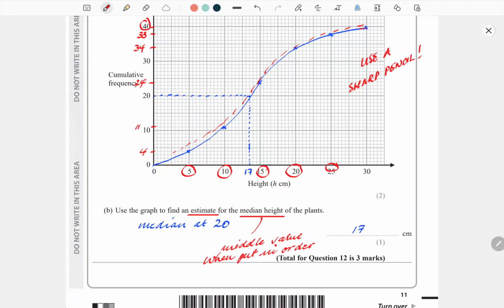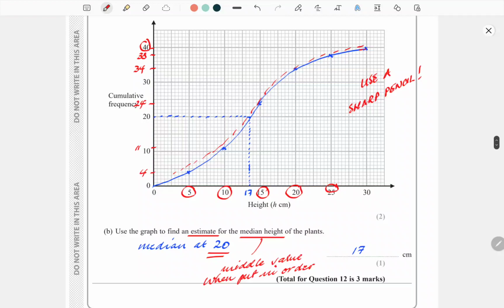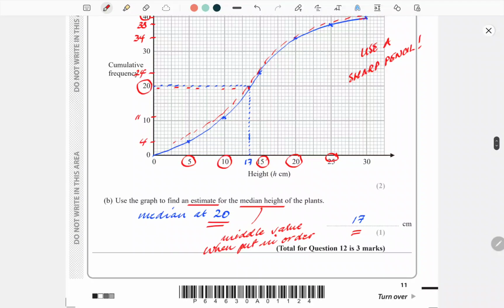So basically out of 40, we want roughly the 20th value. So what have I done? You've got 20 out of your 40. Go along, and it crosses just about there. And I'm reading it off as an estimate to be 17. All right? Hopefully that makes sense. Basically, it's halfway up the curve.